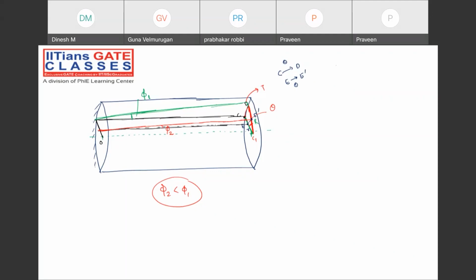If you take larger and larger radius, the larger will be the shear angle for the same angle of twist and for the same length, because both the points E and C are located on the same cross section, at the same distance from the fixed end. The distance does not change. For the same distance, the shear strain will be different for both the points, C and E. Is that clear?